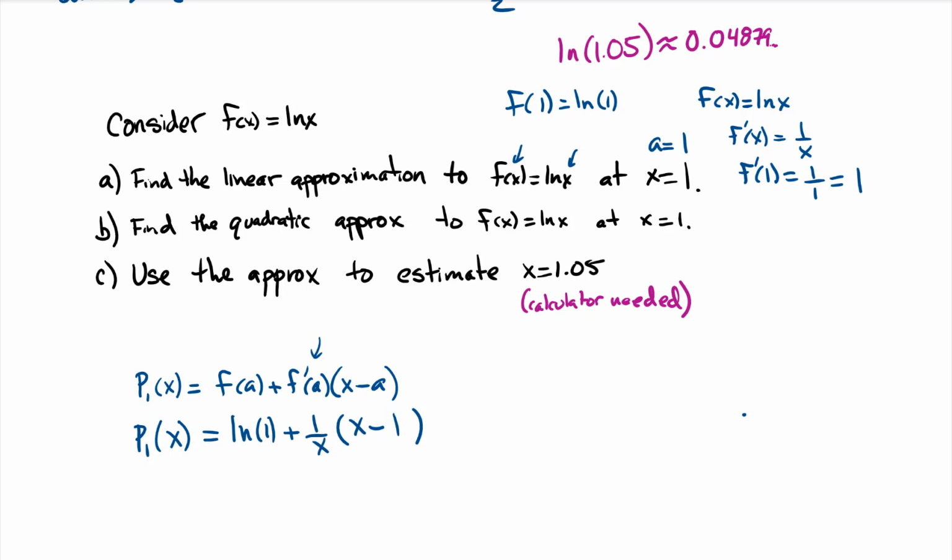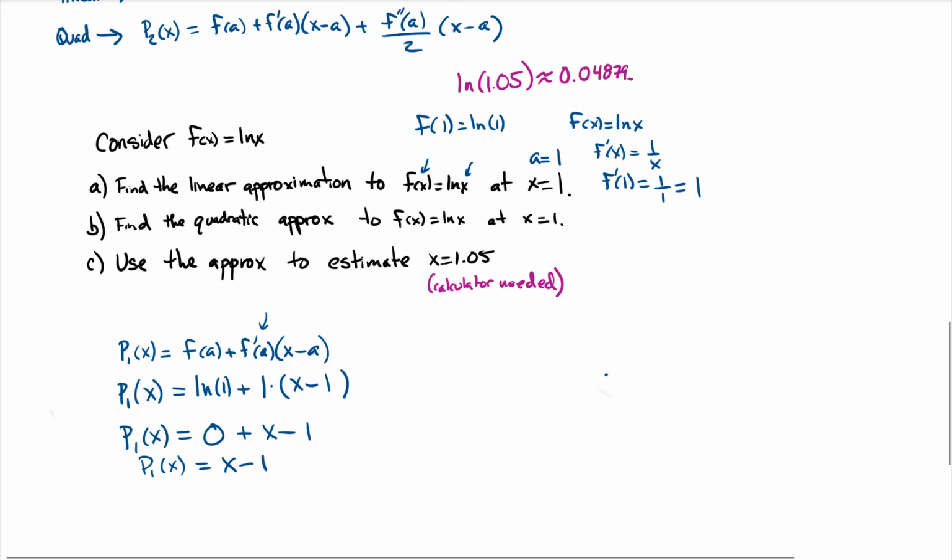Oh, I'm so sorry. I should have written in just 1 times x minus 1. So the first degree, or our linear approximation, is ln of 1, which is 0, plus x minus 1. So a good line would be x minus 1.